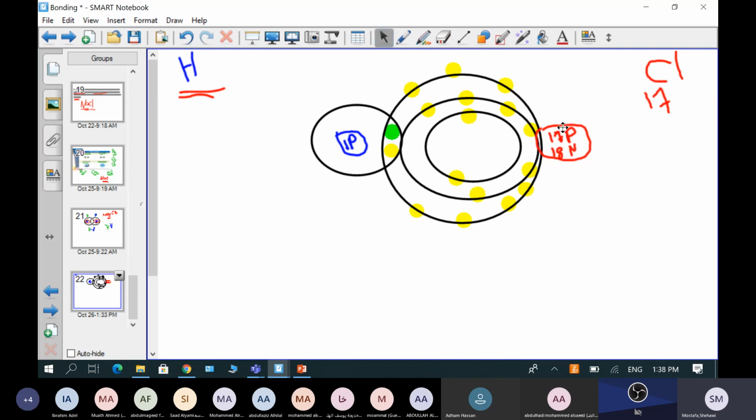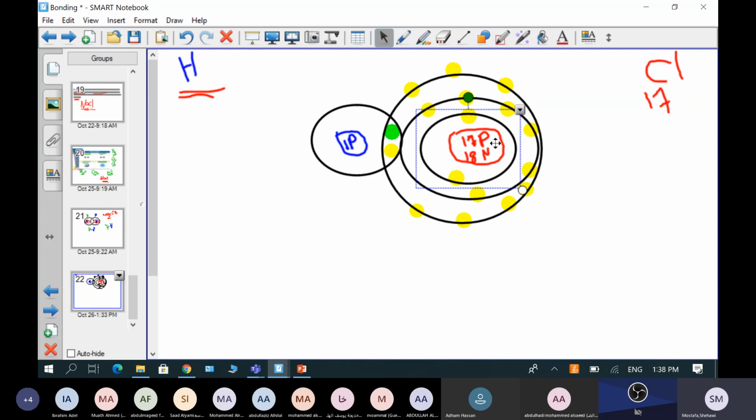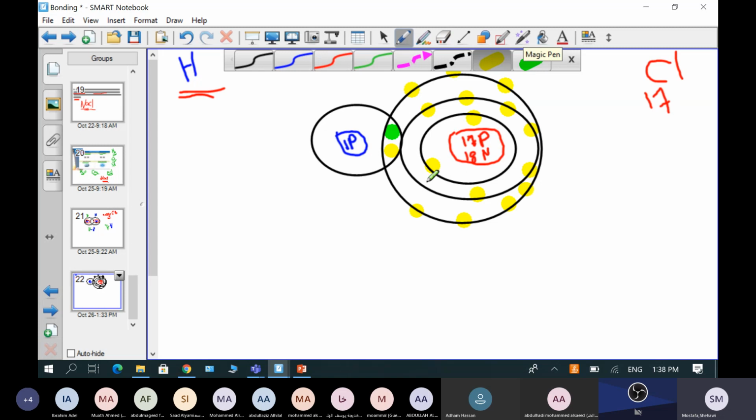That's it. So they come here. This has only 2 electrons in the outermost shell, as you see here, and this one has 8. Like this, right now chlorine and hydrogen come closer to each other, and they share.